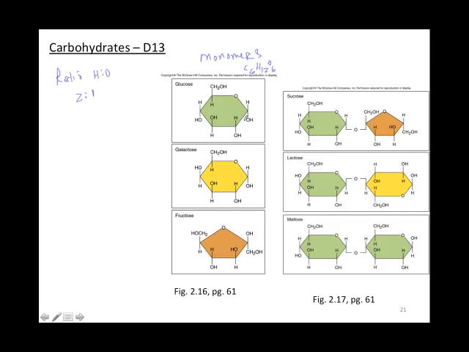Now what can happen is we can take those monomers and join them together via an anabolic reaction, specifically one called dehydration synthesis. And we can join these together to make what we call dimers. Now, because we're talking about carbohydrates, these monomers are called monosaccharides.